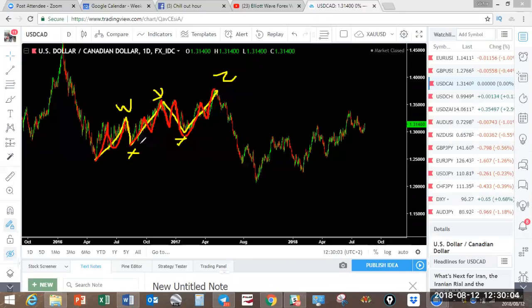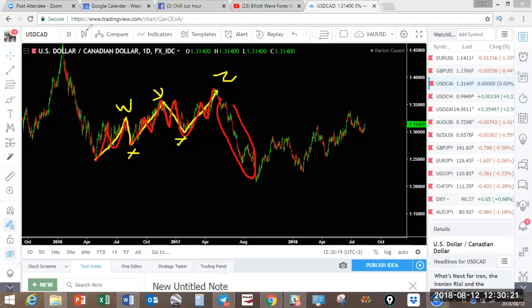So this is a triple correction, WXYZ, what we like to call the 10 lot size trade in our group. When you get a Z move, you know you have to get the big downside, and we traded this one when it happened.